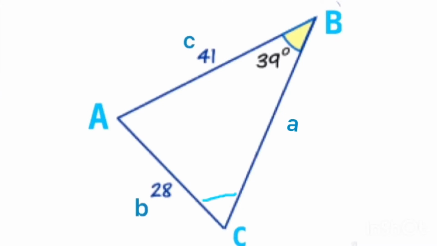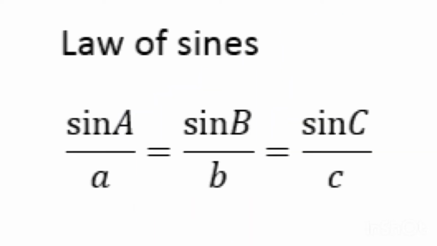Now, what if we're asked to find angle C? Well, we do see that we're given side C, so all we have to do now is use the law of sines, use the given pair that we already have, and set it up to solve for angle C. If we recall, the law of sines asks us to take the sine of an angle and divide it by its corresponding side and set that equal to the sine of another angle and its corresponding side.